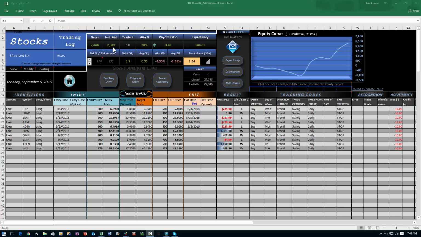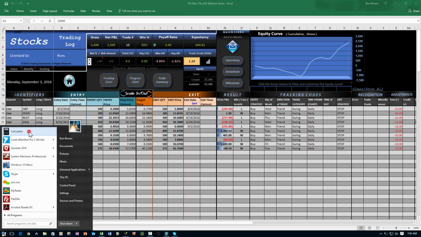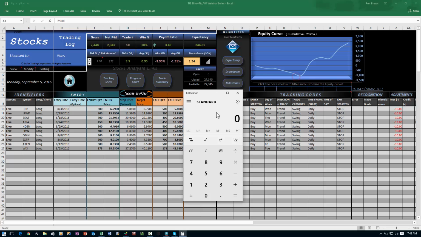Now, if you want to look at this as risk compared to profit, I'm going to divide the net profit and loss, not the gross. This is after commissions, and I've taken the commissions out already of the trades that I'm still in.